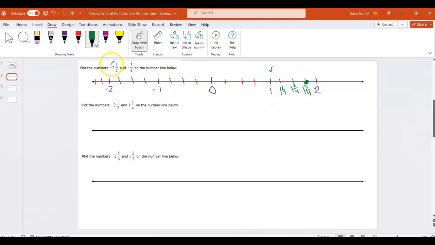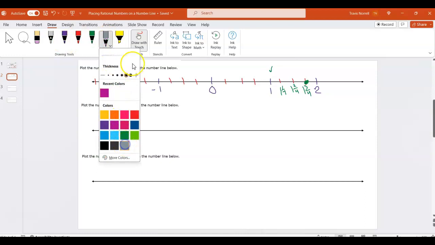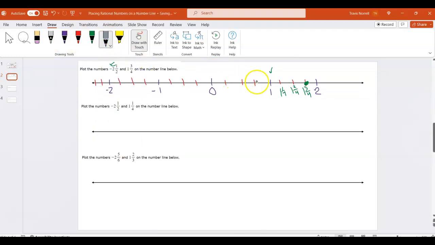My -2.5, let's think about what 2.5 is. Let's mark this in gray pencil here. If I'm going to cut 0 and 1 in half, that would be right here.